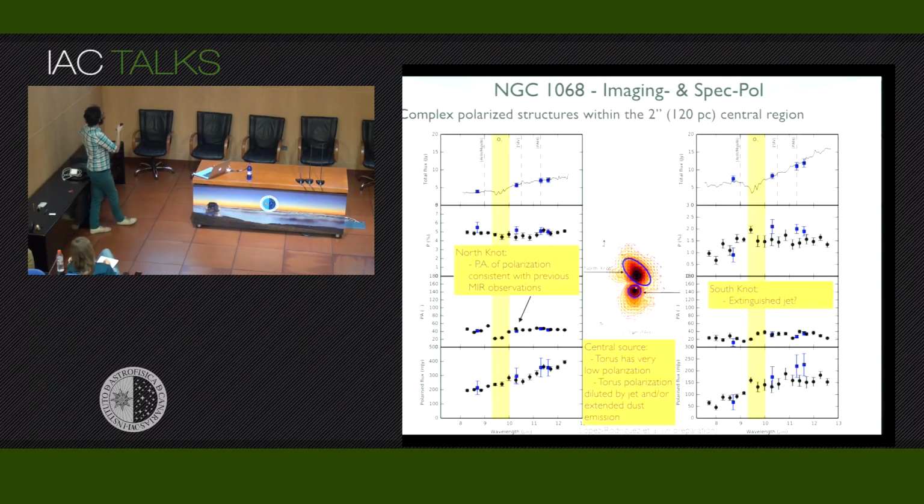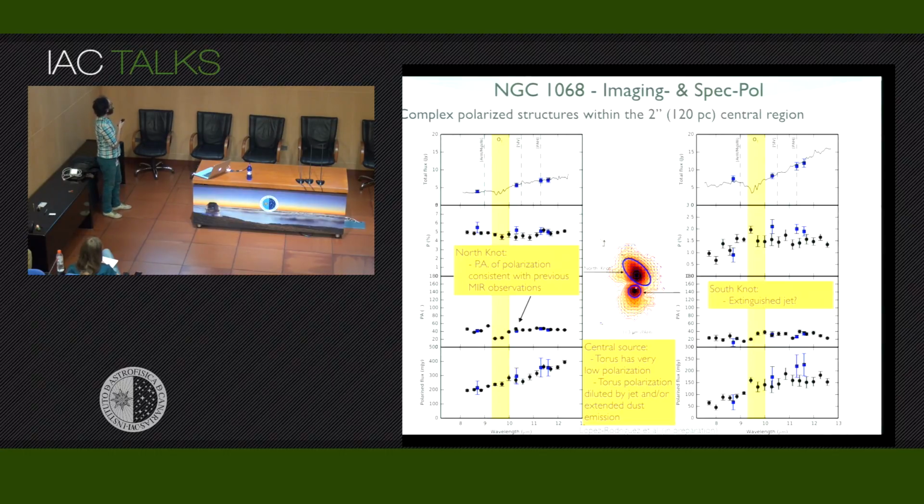So we can confirm that the previous observation was dominated by this structure that we call the north node, this cloud in the north of the central peak of NGC 1068, where the jet impacts and then bends. And then we saw this new polarized node that maybe can be the distinguished jet through the dust lane.